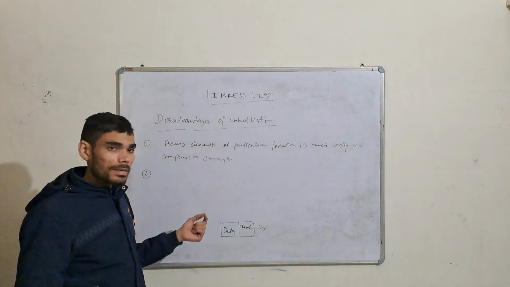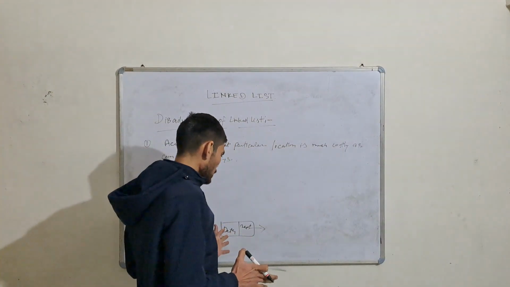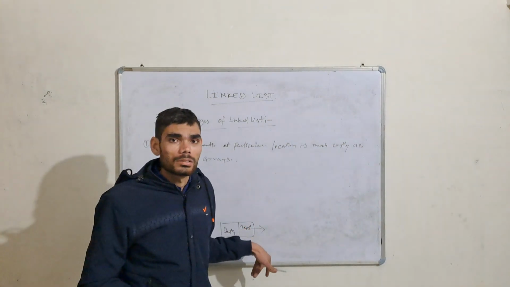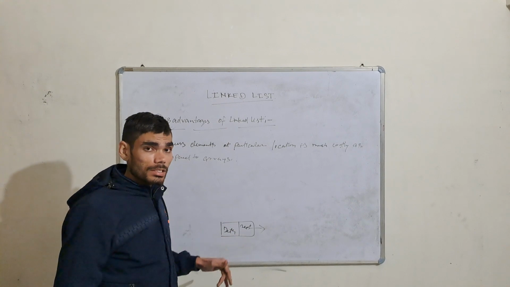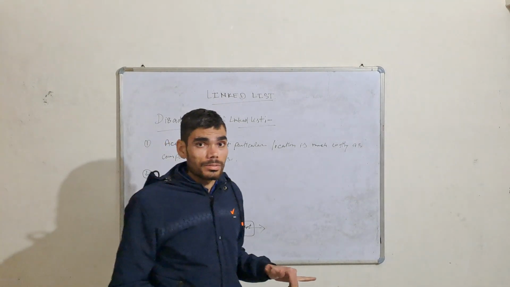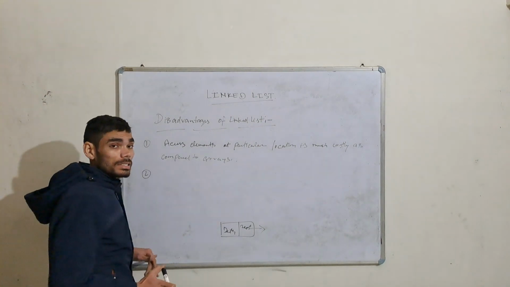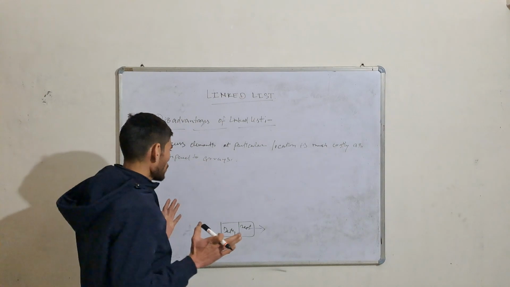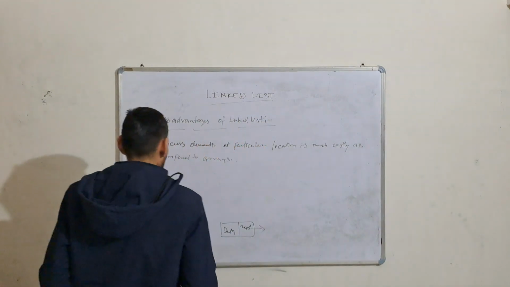The second disadvantage is that it consumes extra space for storing the pointer, while in the case of arrays there is no need of extra space. So it costs more space as compared to arrays.